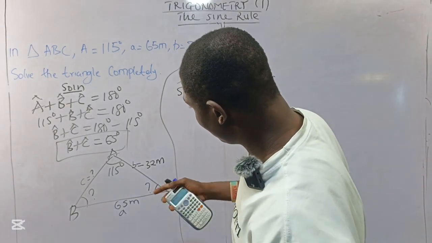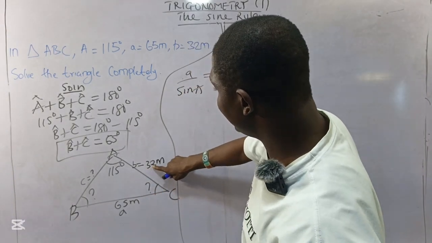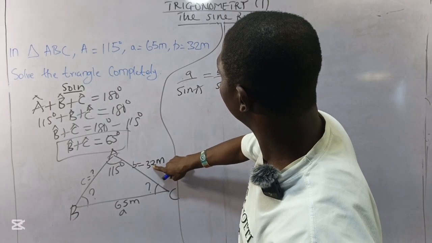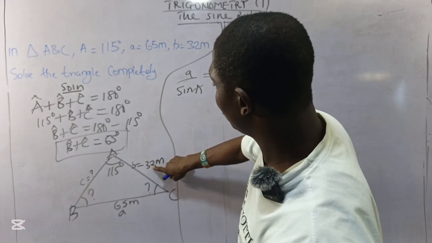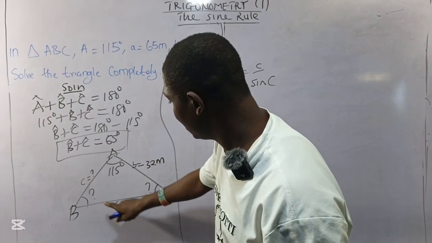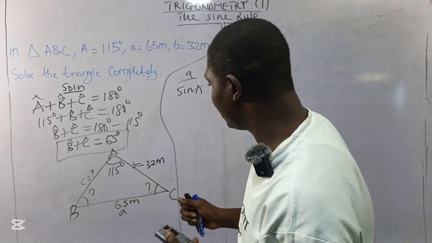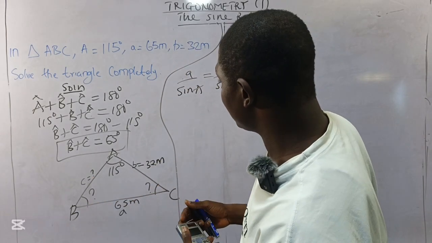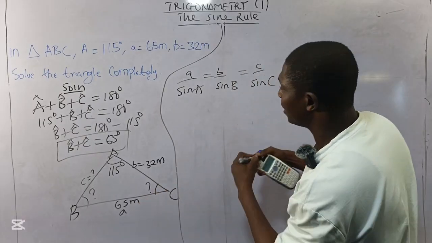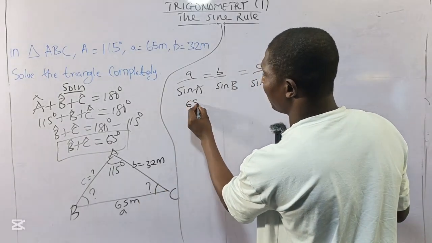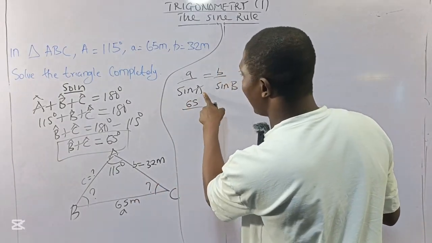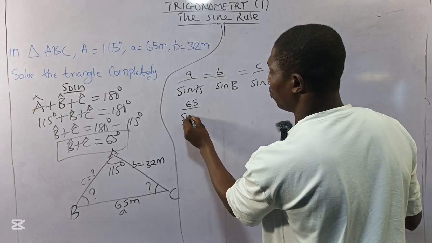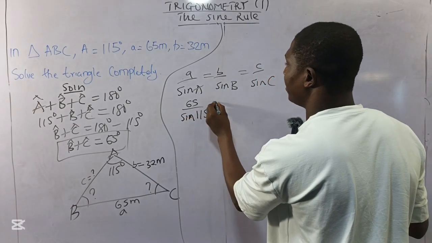Since this side, I'm looking for what? I'm looking for c. This and this. But you can see that my a is what? 65. My angle A is what? 115 degrees.